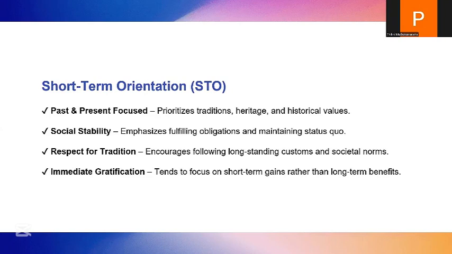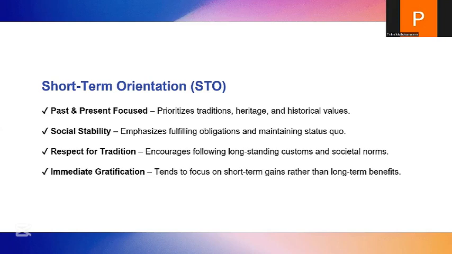Short-term orientation, in short form STO, is focused on prioritizing traditions, heritage, and historical values. You consider only what you have now, so you are limited to the present or past focus. This society goes for the status quo.